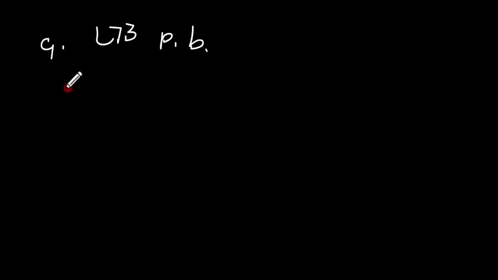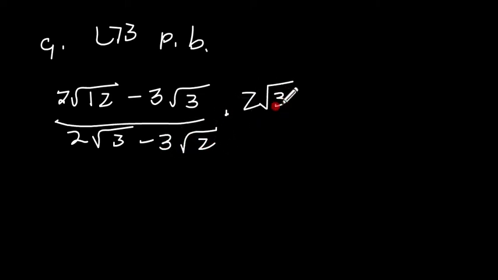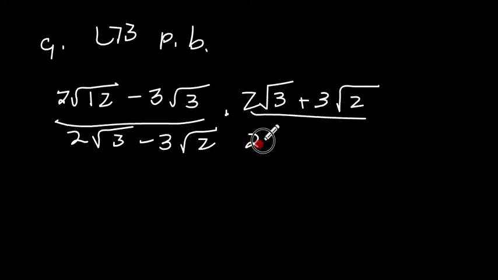So we have 2 root 12 minus 3 root 3 all over 2 root 3 minus 3 root 2. We're multiplying the top and the bottom by the conjugate. And what that does is it's going to eliminate the radicals in the denominator, which are illegal.